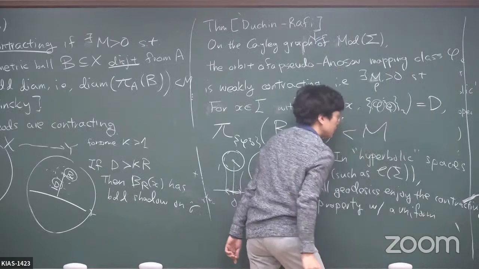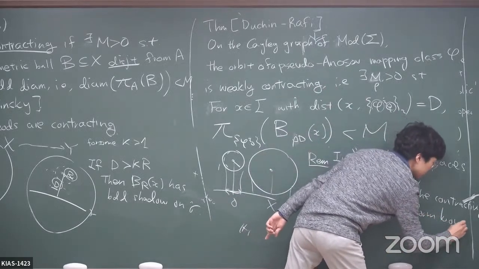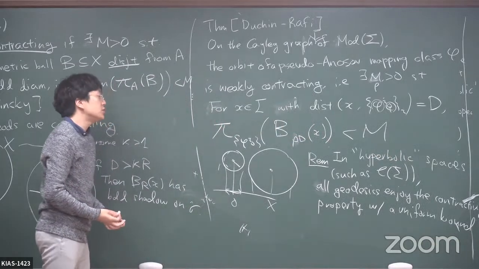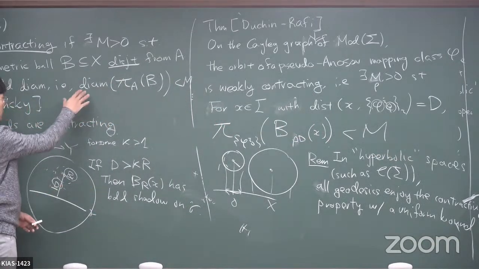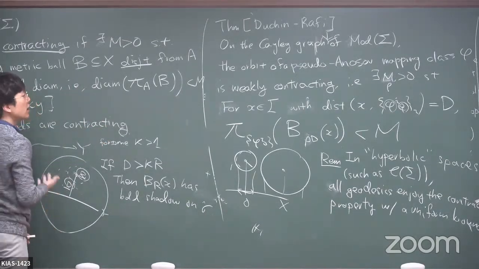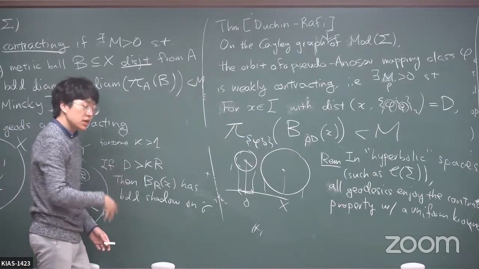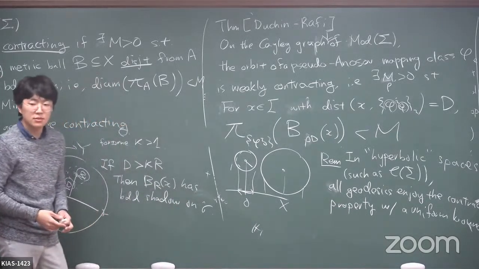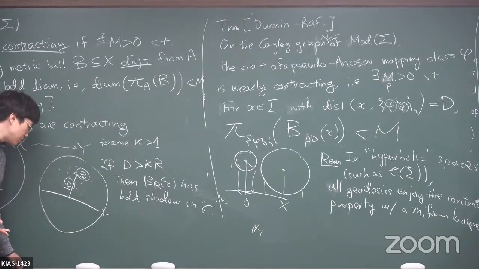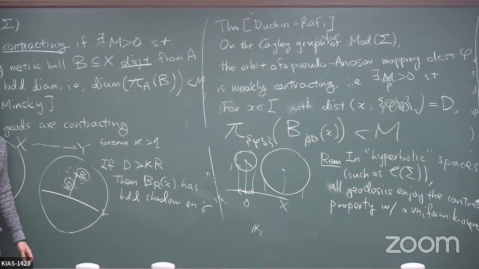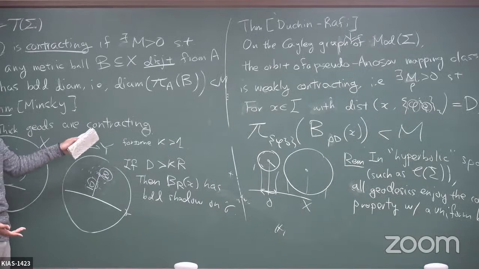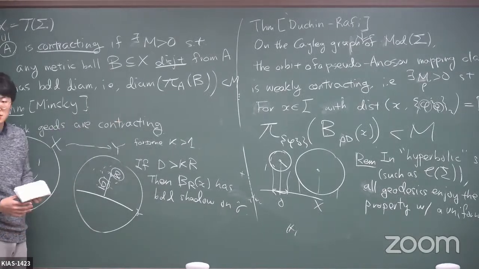And that's pretty much equivalent. If I have a geodesic space where all geodesics are contracting, meaning if you project any ball disjoint from any geodesic, you have a uniform bound, then that space is actually hyperbolic and vice versa. So that's the ideal situation. But in the mapping class group or in Teichmüller space, you cannot expect that, and you only expect it for certain geodesics or quasi-geodesics.